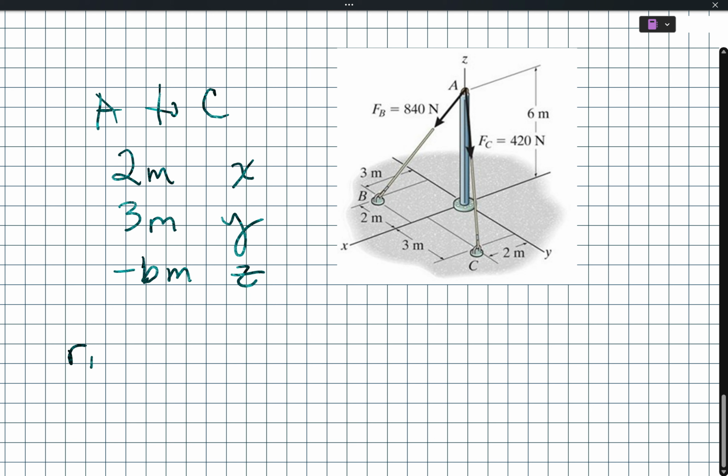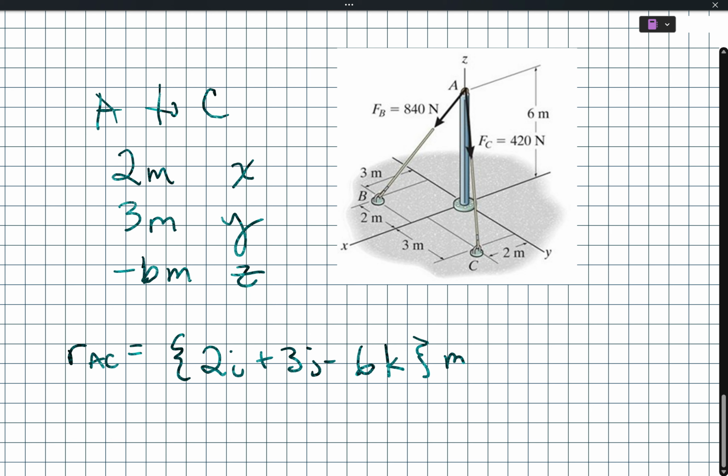So therefore, r sub AC for us is going to be 2i plus 3j minus 6k, and this is in meters.